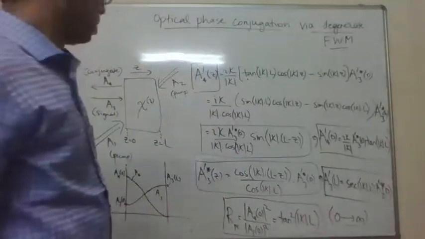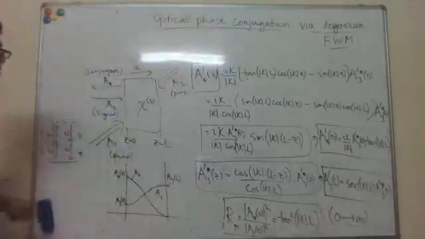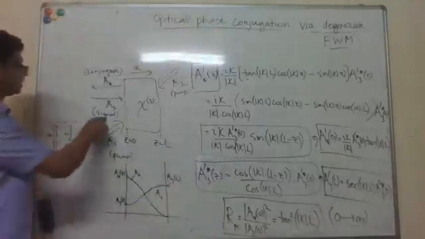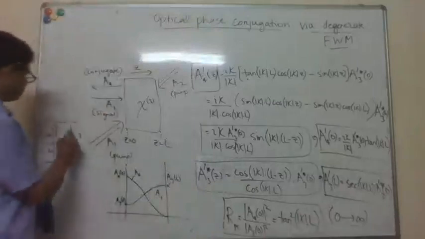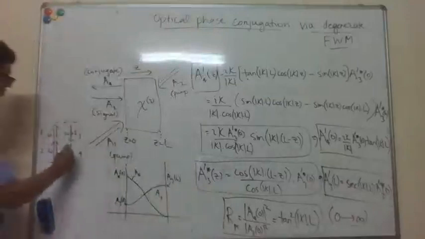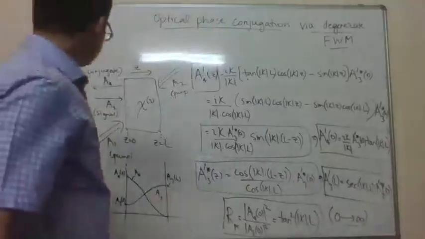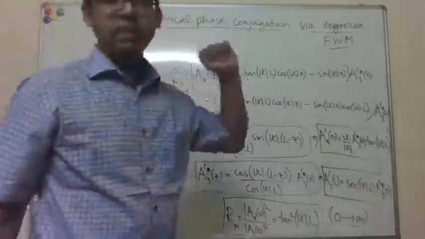Another thing is that here we looked at the all-degenerate case, but you could also look at when the signal has a slightly different frequency, say omega plus delta. Then the conjugate will have omega minus delta, and this introduces phase mismatch terms.